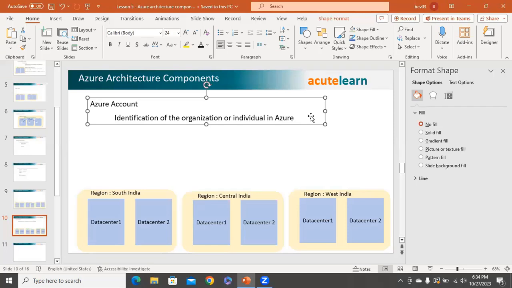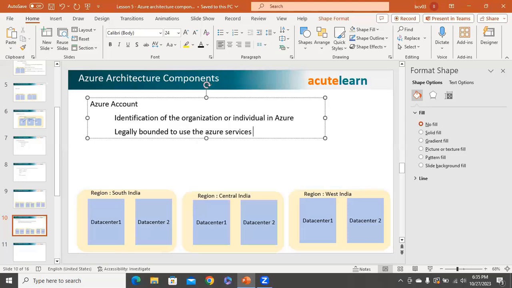It basically takes the organization or individual details. You are legally bound to use the Azure services or resources. An account means I'm accepting the terms and conditions with Azure, saying that whatever resources I'm going to use, I'm legally bound to pay for them.